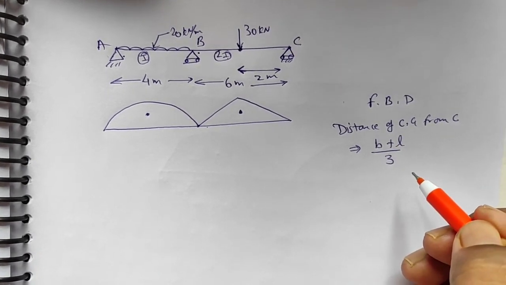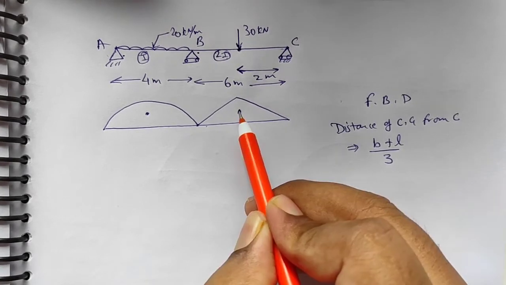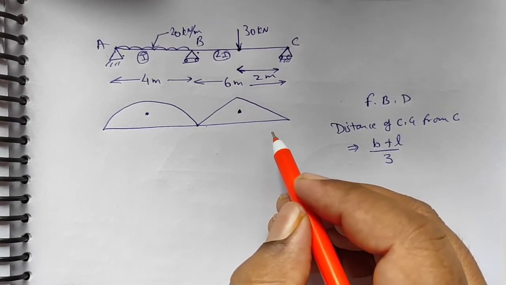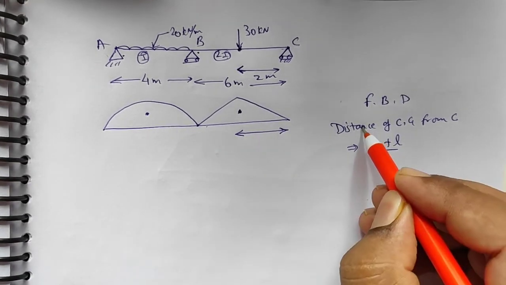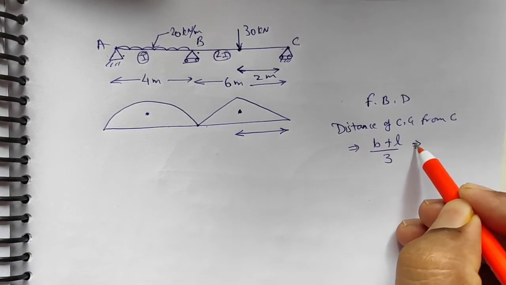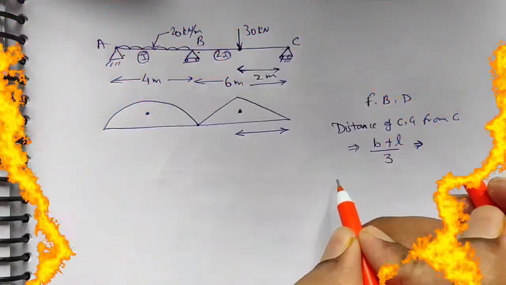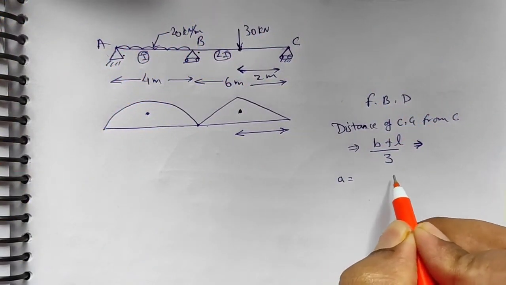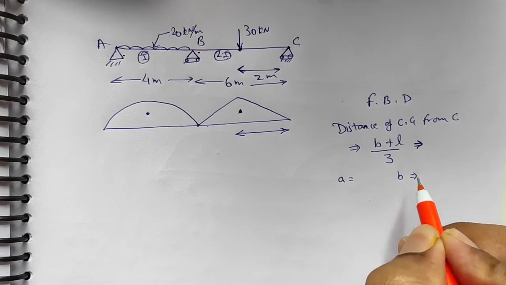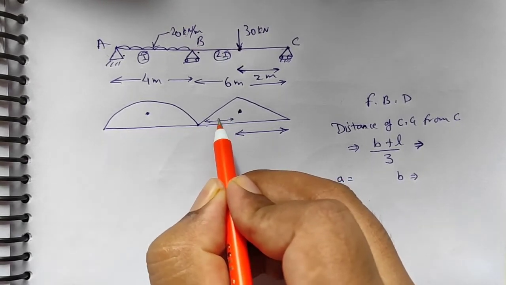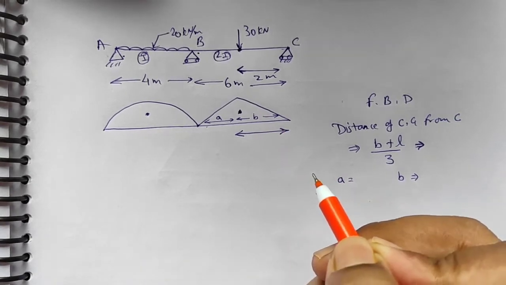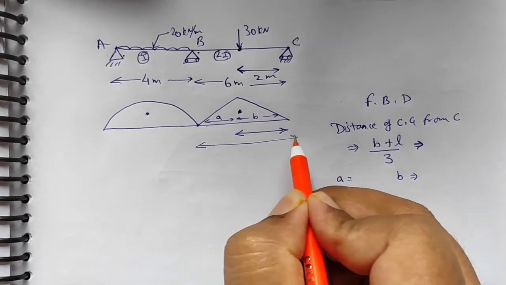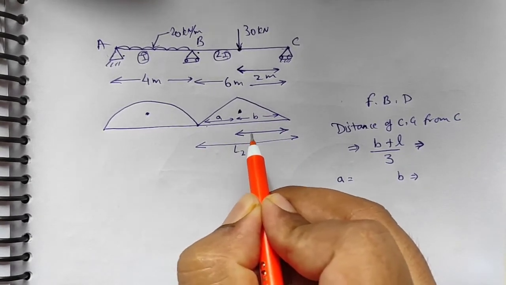This is a simple mathematical formula. So now we'll define a and small b: let this distance be a and this distance be small b, and the total length be L2.